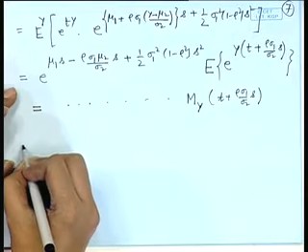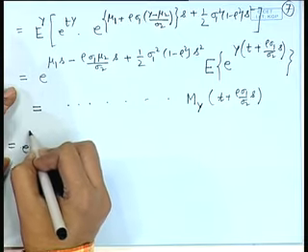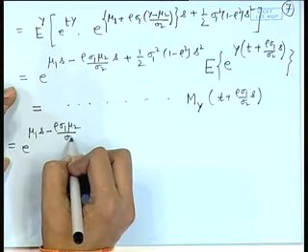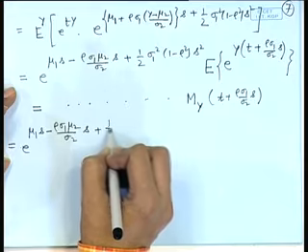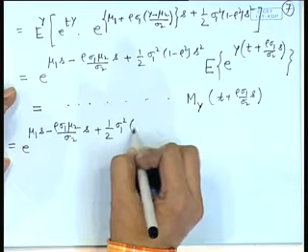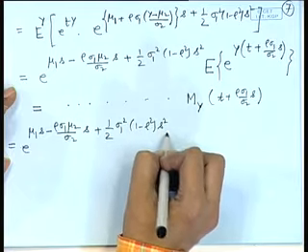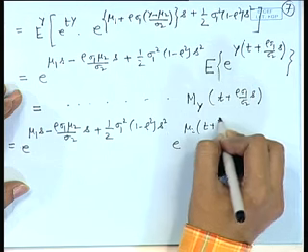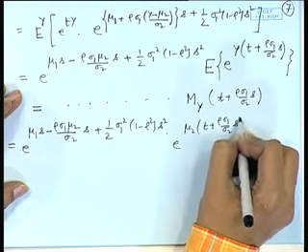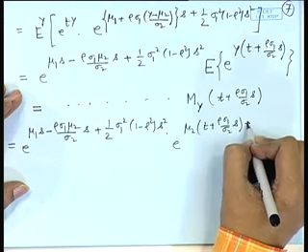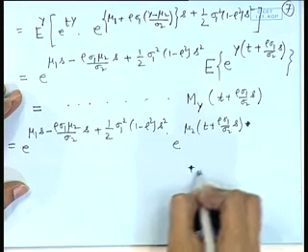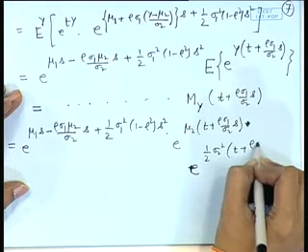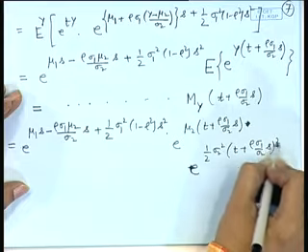So, we get it as e to the power mu 1 s minus rho sigma 1 mu 2 by sigma 2 s plus half sigma 1 square (1 minus rho square) s square, times e to the power mu 2 (t plus rho sigma 1 by sigma 2 s) plus, so I will write it as, e to the power half sigma 2 square (t plus rho sigma 1 by sigma 2 s) whole square.